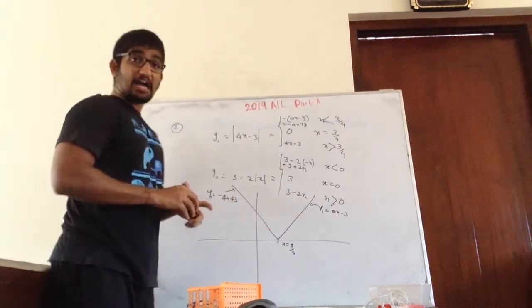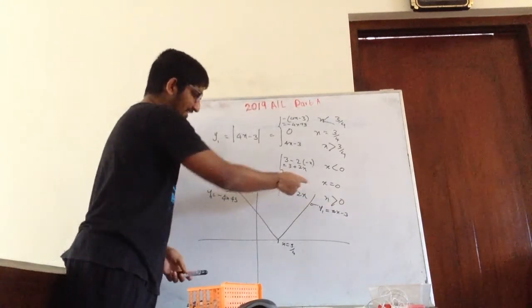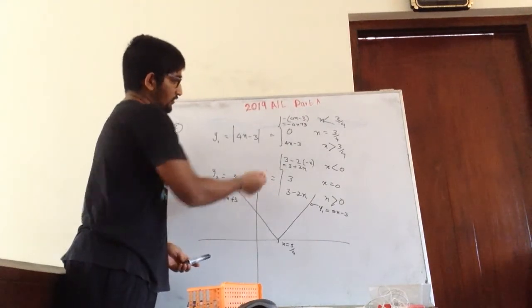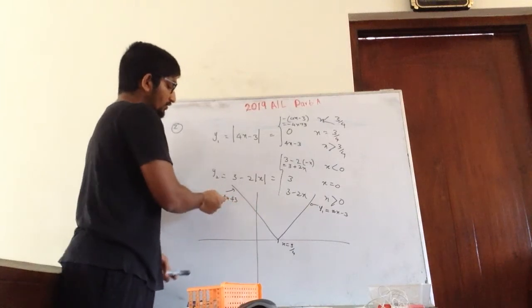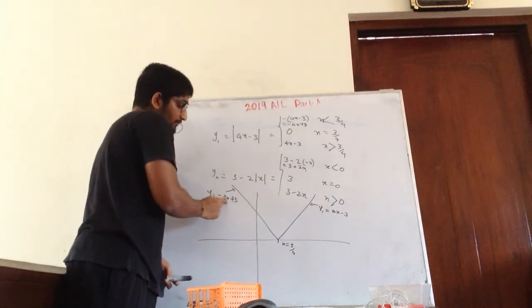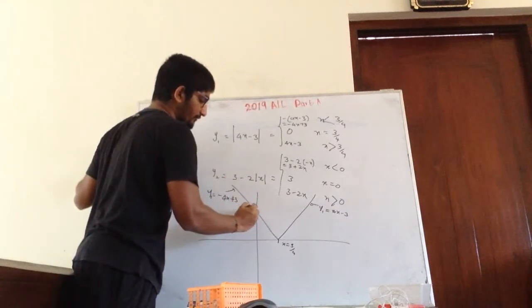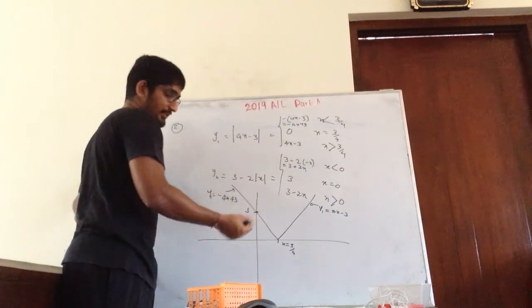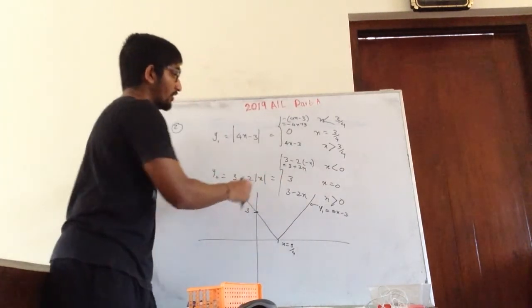Right? Then y2. So y2, when x equals 0, it becomes 3. So now we have to see what's this point. If x equals 0, you will get y1 as 3 as well, right? So now here also, when x equals 0, this is 3.